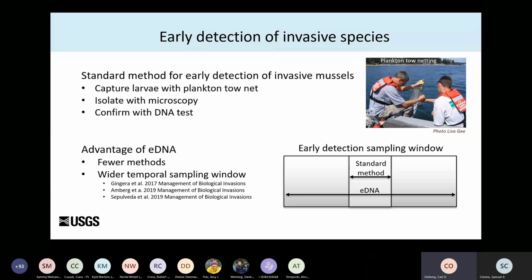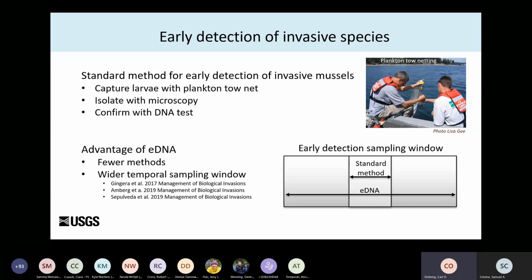The current standard for early detection of zebra and quaggas is to capture the veliger larvae using plankton nets and microscopy, and then confirm species with eDNA tests. The application of this method is limited to the time after adults are spawning and while the larvae are still in the water column.